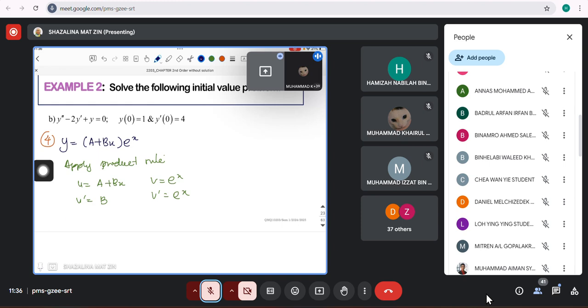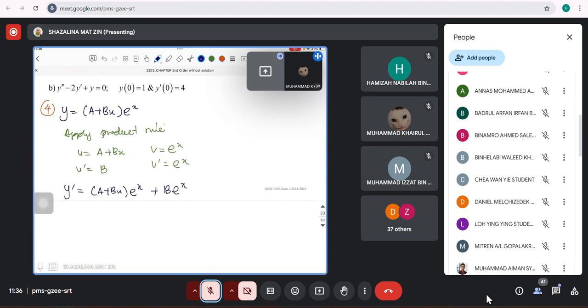So your y prime is u times v prime, A plus Bx exponent x, plus v times u prime. So, we have B exponent x.